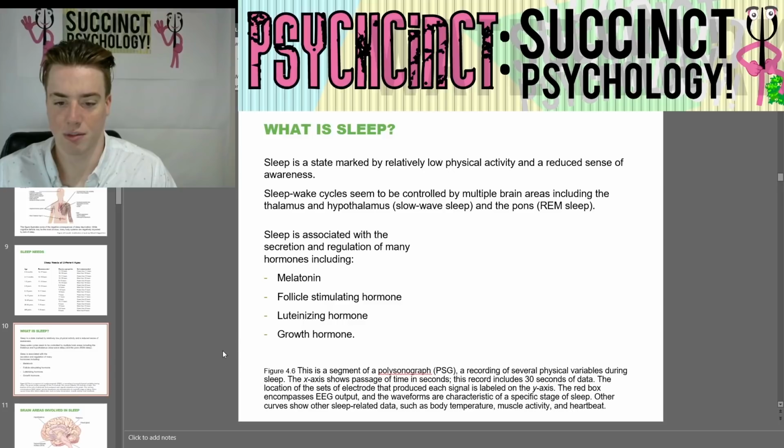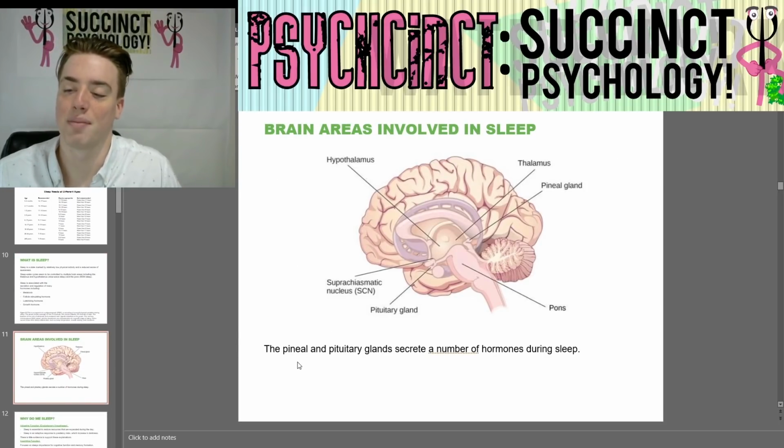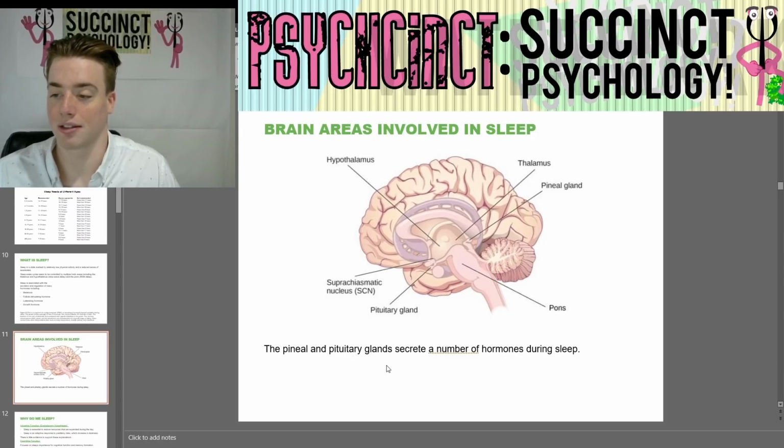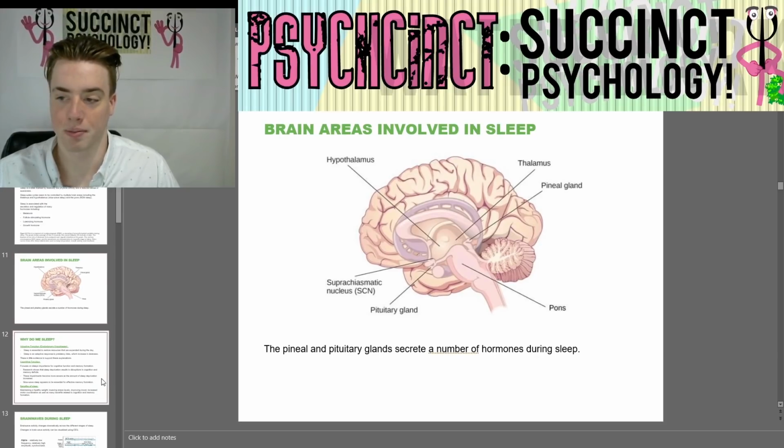The pineal and pituitary glands secrete a number of hormones during sleep. So here you have the pituitary gland and pineal gland. So those are secreting those hormones that are going on while you sleep.